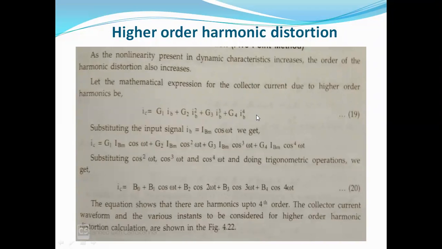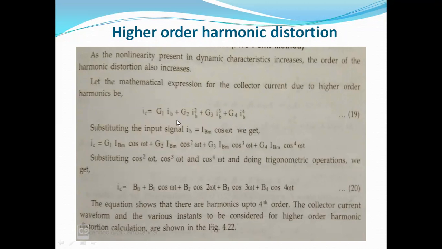And if you consider more harmonics, then this equation becomes G5 IB power 5, G6 IB power 6, and so on. So as the number of harmonics increases, automatically nonlinearity increases. This is the output current or collector current in terms of the base current IB.